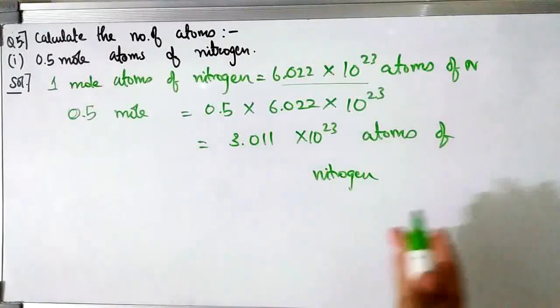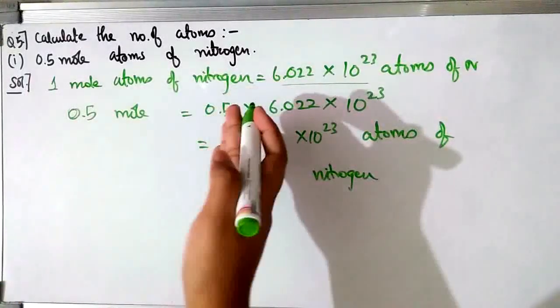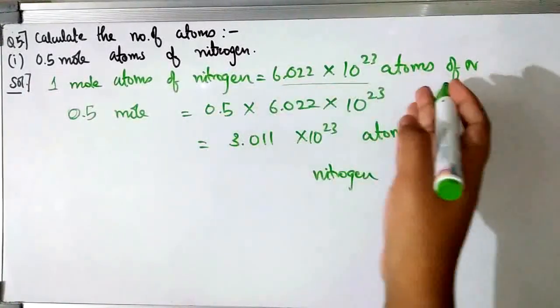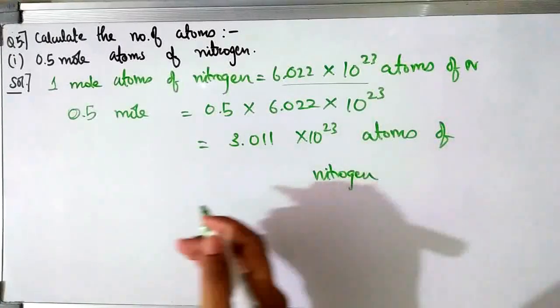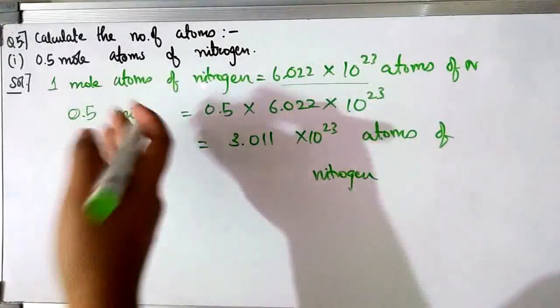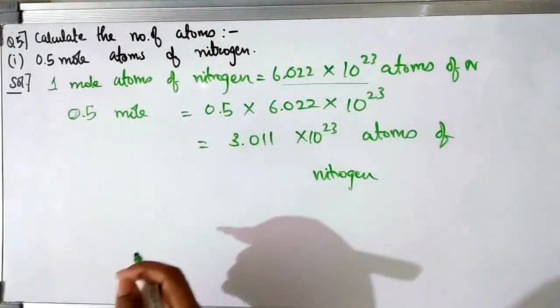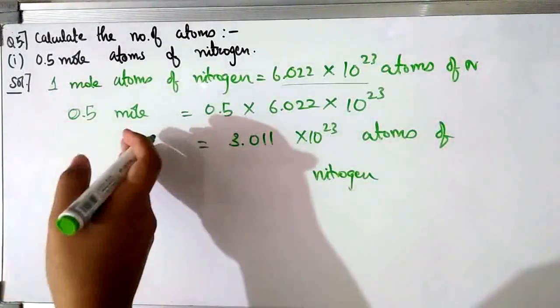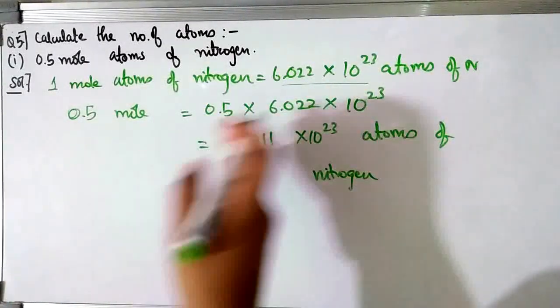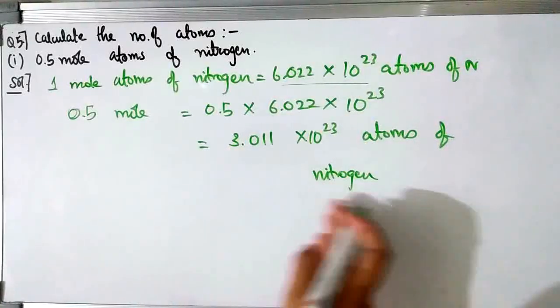So this was very simple. We took that 1 mole atoms of nitrogen will be equal to 6.022 into 10 to the power 23 atoms of nitrogen, because we know that the value of 1 mole is equal to the Avogadro number. So similarly for 0.5 moles, we just multiplied it with the Avogadro number.